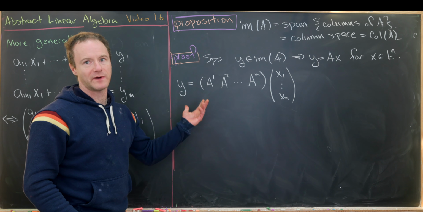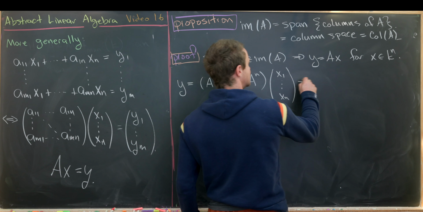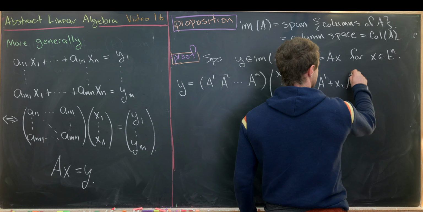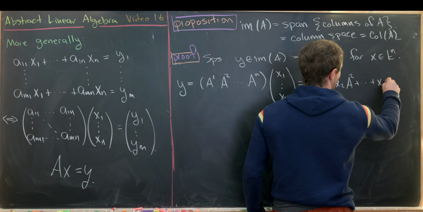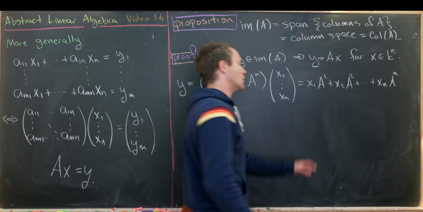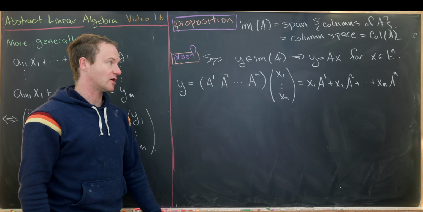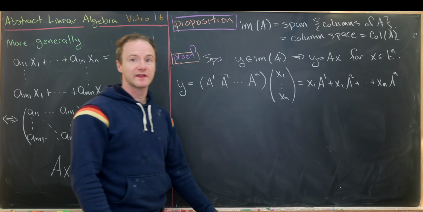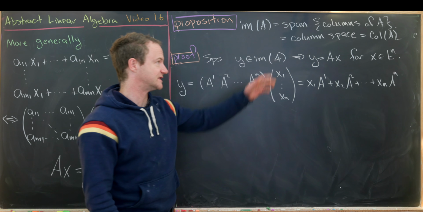But now let's recall that by matrix vector multiplication, this is equal to x1a1 plus x2a2 plus all the way up to xnan, where a1, a2 up to an are the columns of A, but the x1, x2 up to xn are really just numbers. They are the entries of the vector x.